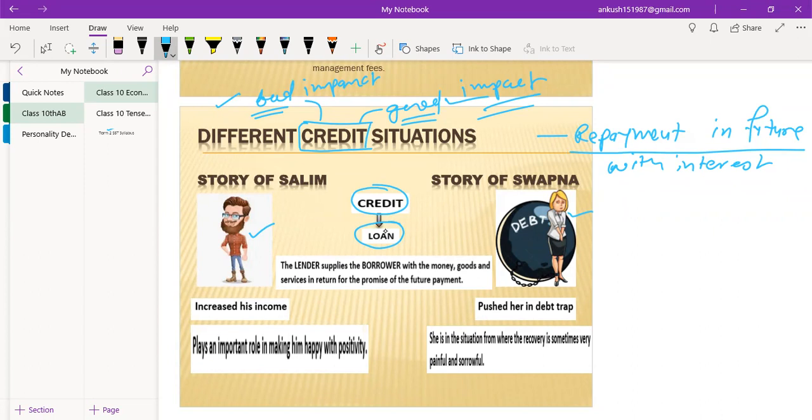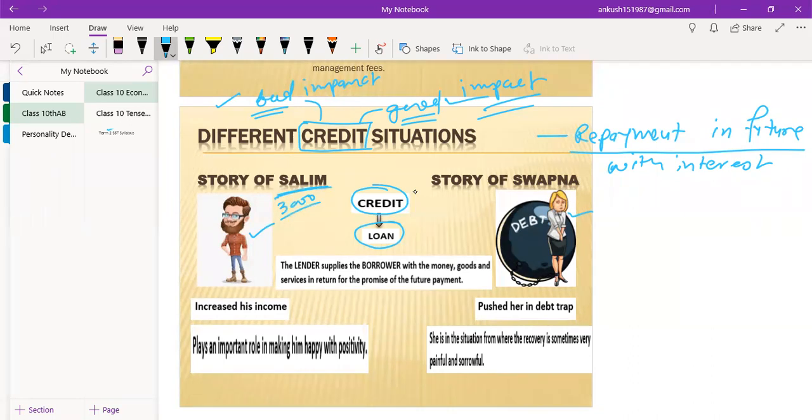The first example is of Salim. What kind of work does he do? Actually, he is a shoe manufacturer. He produces footwear. In the festive season, he suddenly got orders for 3,000 shoes to deliver within a month or two. So what happened?